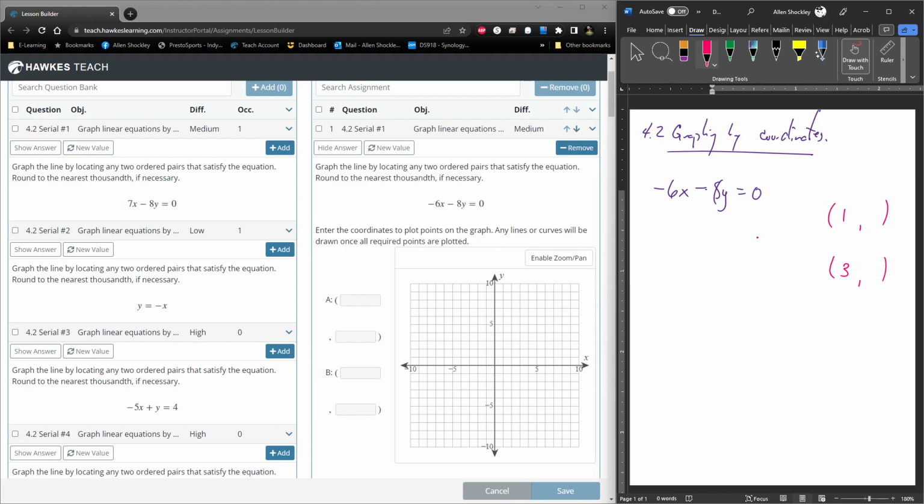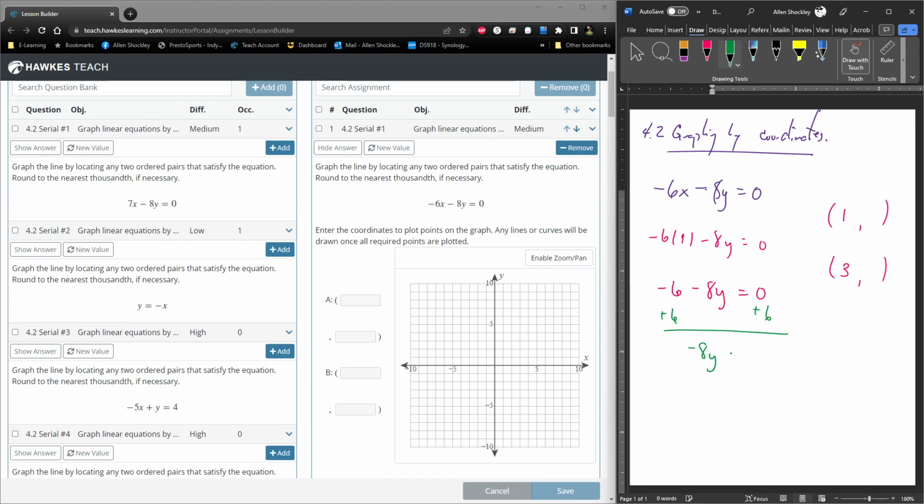So let's do that. Let's figure out what happens whenever I put a 1 in for x. So I got -6 times 1 minus 8y, and that needs to equal 0. -6 times 1 is just -6 minus 8y equals 0. I need to get y completely by itself, so I'm going to add 6 to both sides.